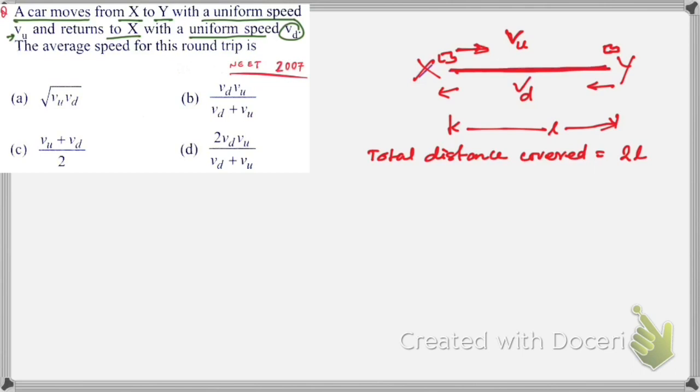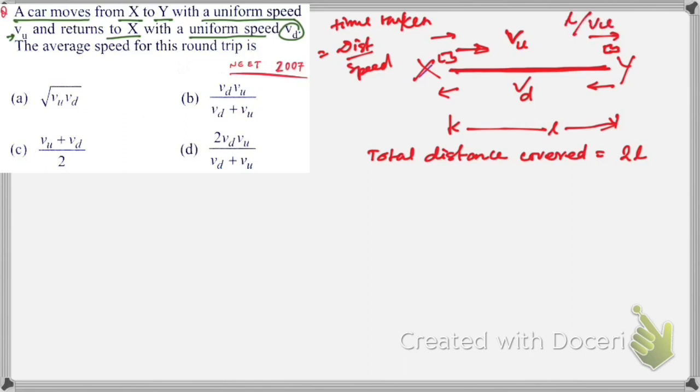We know that speed is equal to distance by time, then time is equal to distance by speed, right? So time taken to reach the point Y while going from X will be L by VU, right?